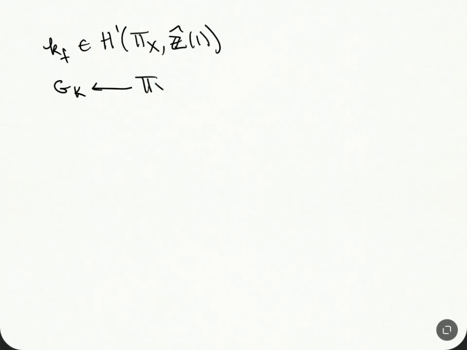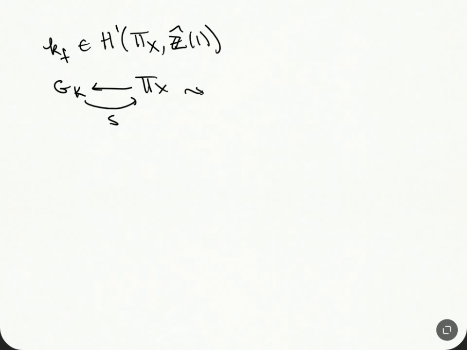Lastly, I just want to say that there's another important component to Kummer classes, and the idea is the following. If we have a Kummer class of a function, let's say it's in h1 of pi of x with coefficients, we saw that we had this map, and if we have a section, this section induces a pullback.